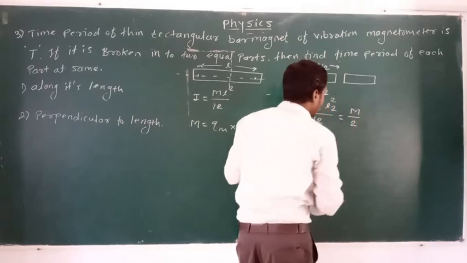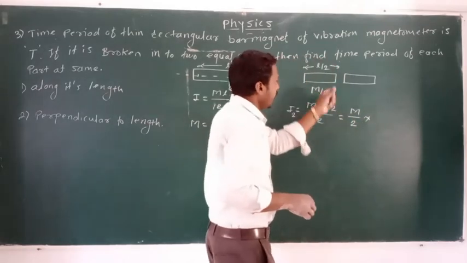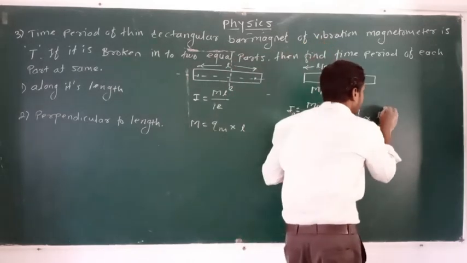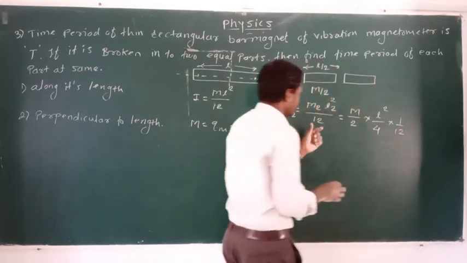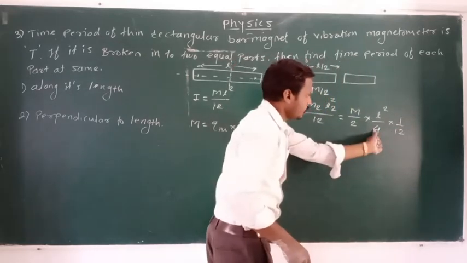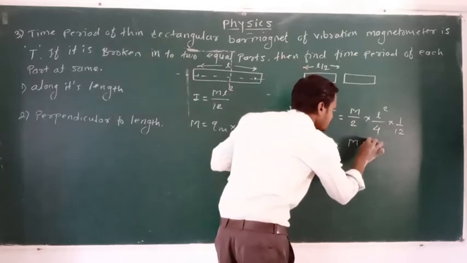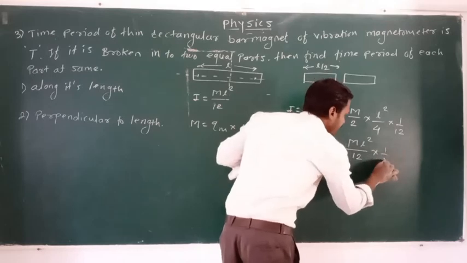M divided by 2 multiplied by L2, where L2 means L divided by 2, squared. Then we can write L square divided by 4 multiplied by 1 upon 12. 4 into 2 is 8. We can write m L square divided by 12 multiplied by 1 by 8.